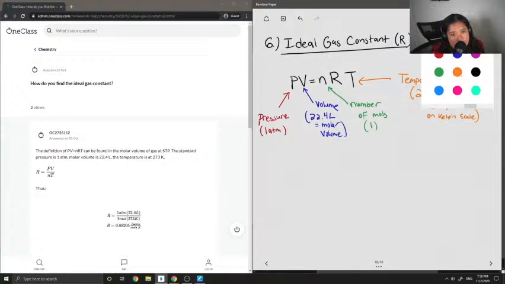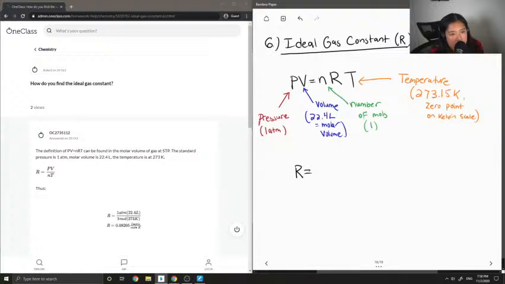Okay, so now I'm just going to rewrite this equation and try to solve for R. So R is equal to PV divided by nT.